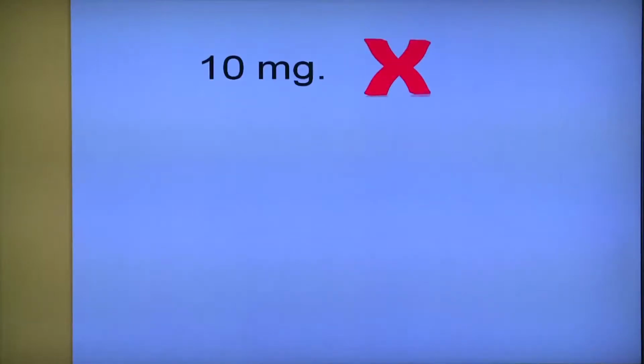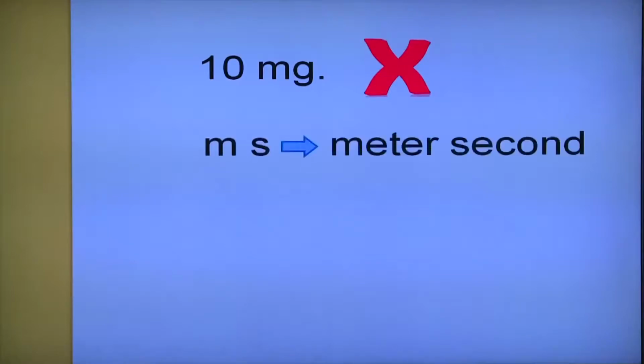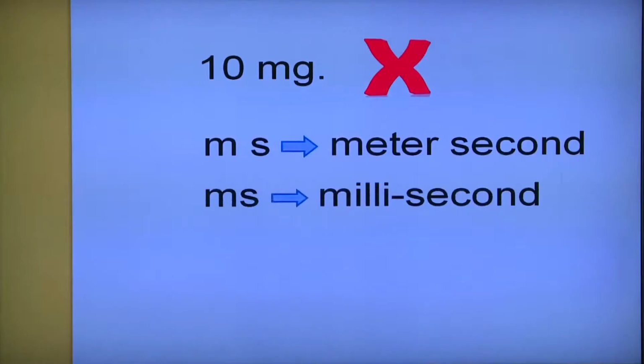In writing an SI unit obtained as a combination of units, a space is given between the symbols. Thus, m s represents meter second, while ms stands for millisecond. That is, if the units are written without leaving any space, the first letter may be taken as a prefix.